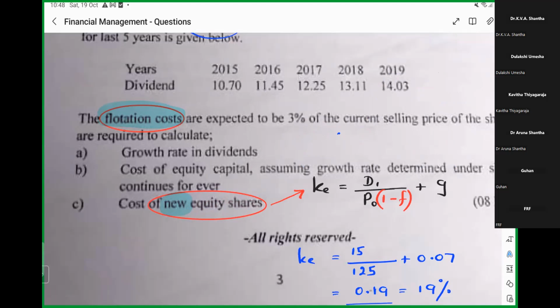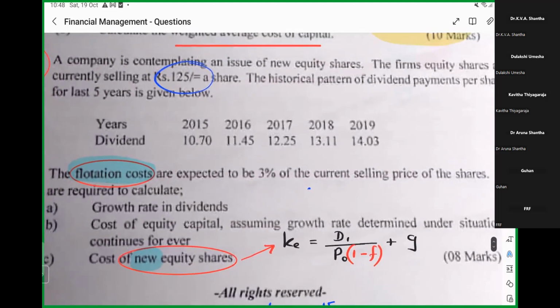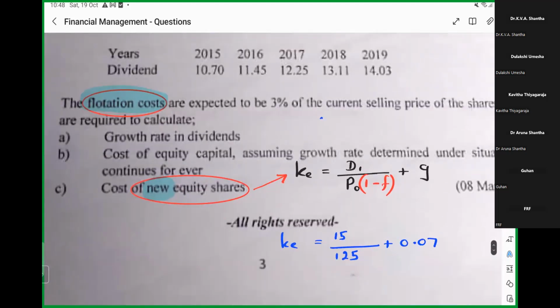So let's calculate. D1 is 15. Current price 125. Flotation cost, you see, 3%. Can you hear me?